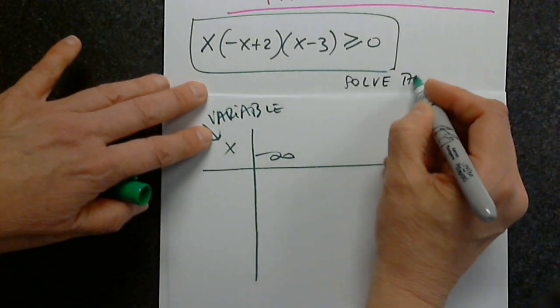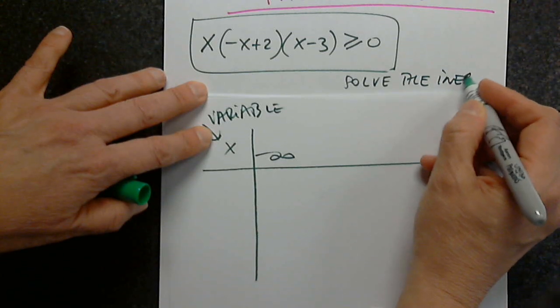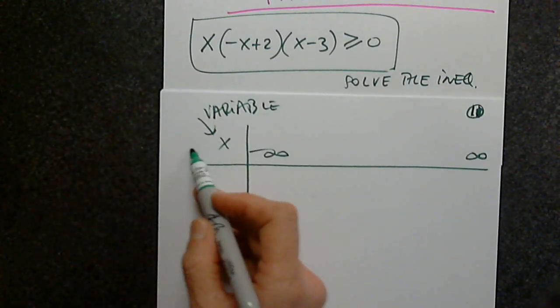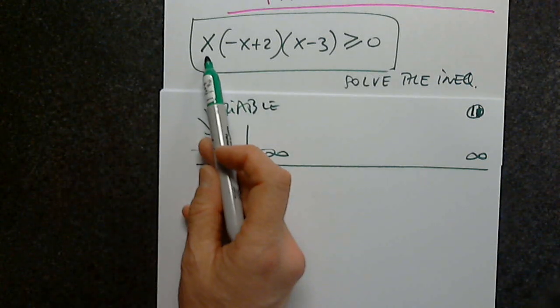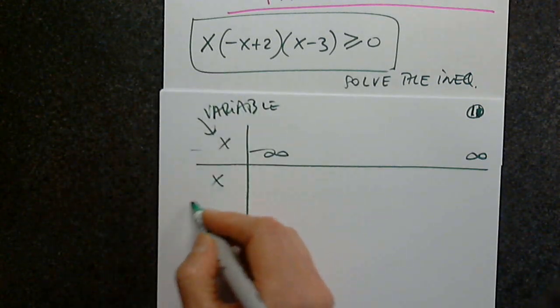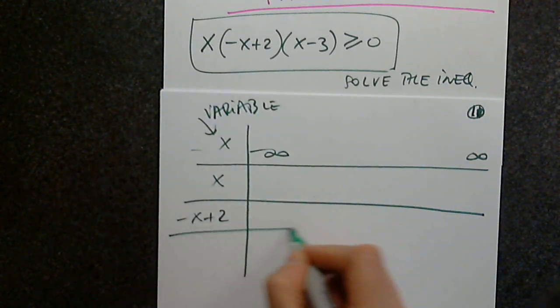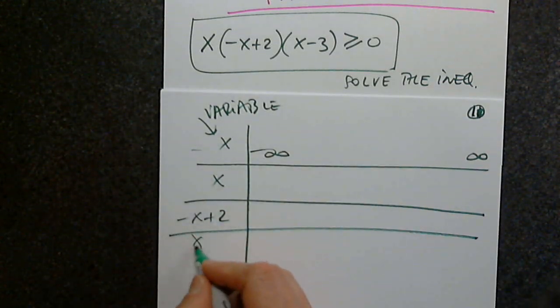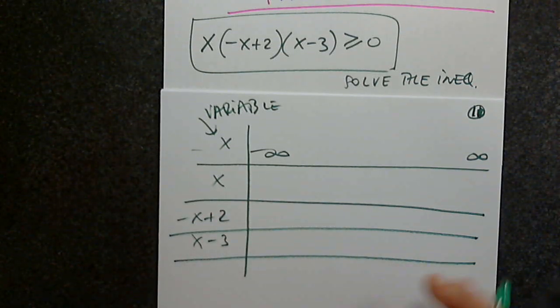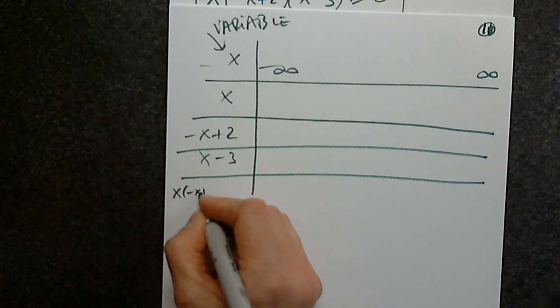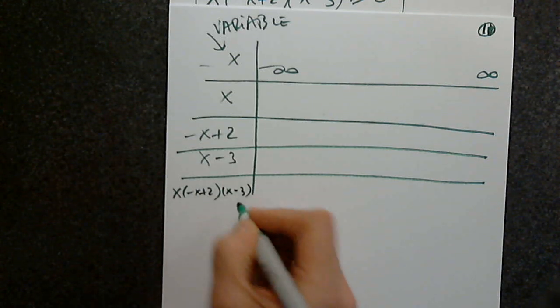Solve the inequality. This is what we're trying to do. Then I have x as the first factor. Then I have negative x plus 2 as the next factor. Then I have x minus 3 as the next factor. And then I have the whole thing, x times negative x plus 2 times x minus 3.